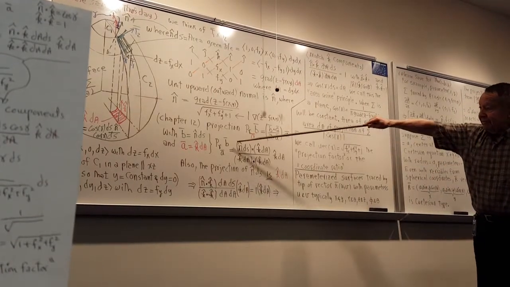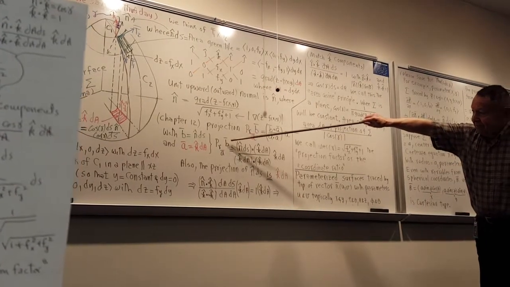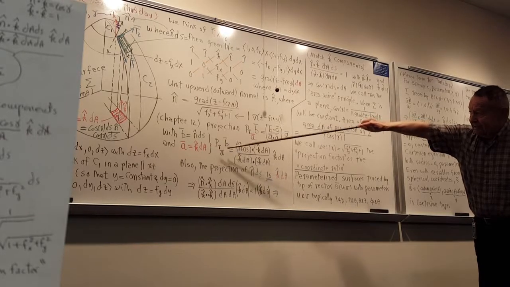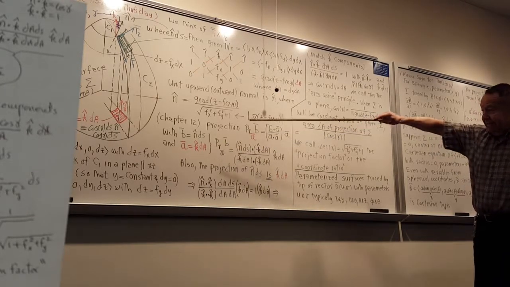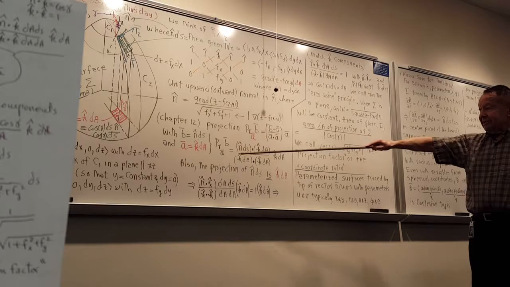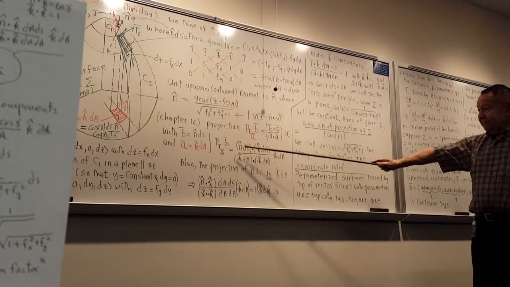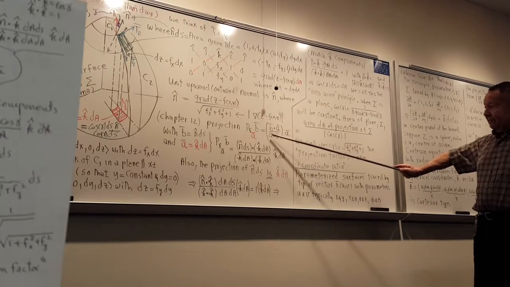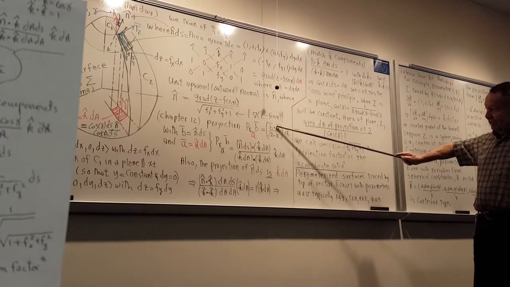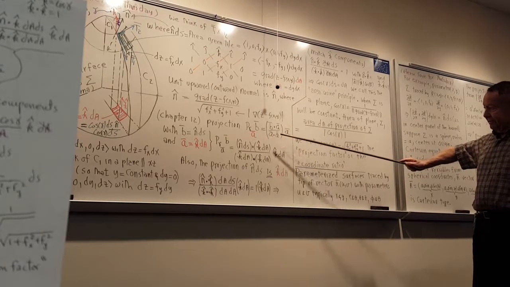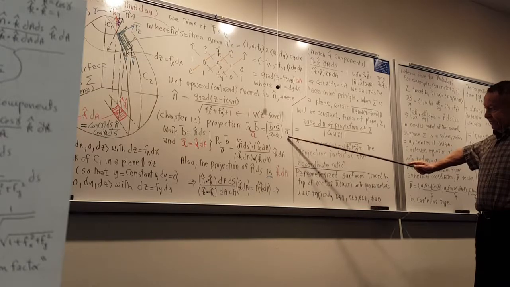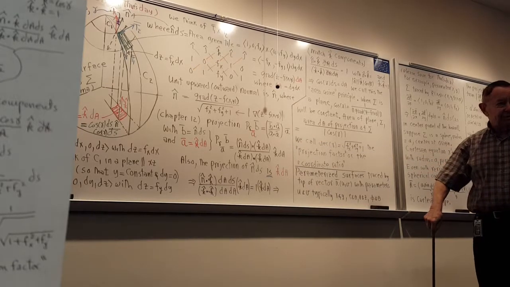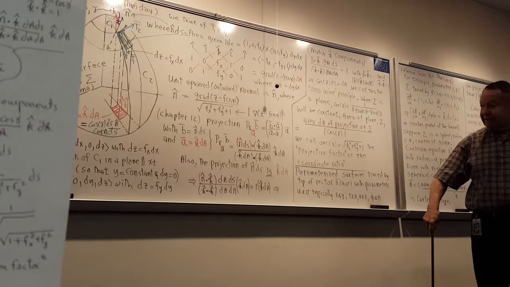So our formula from chapter 12 for the projection of a vector B onto a vector A, that we call the vector projection, would be B dot A over A dot A. So it's the ratio of these dot products times the vector that you're projecting onto, the one on the floor.